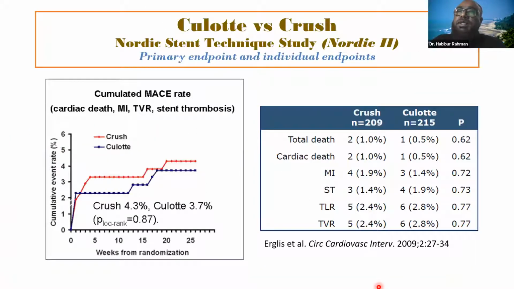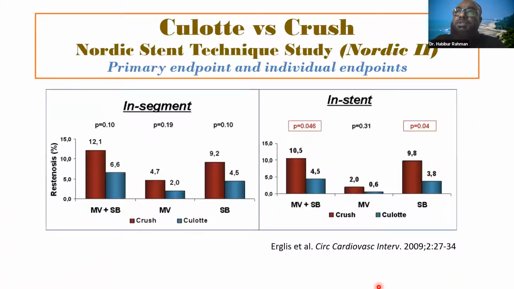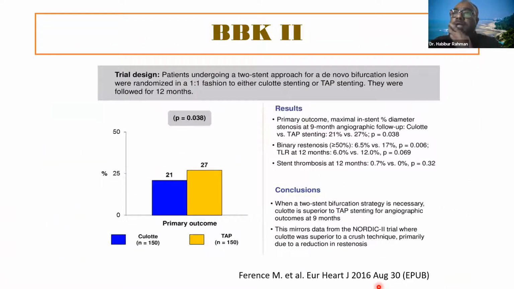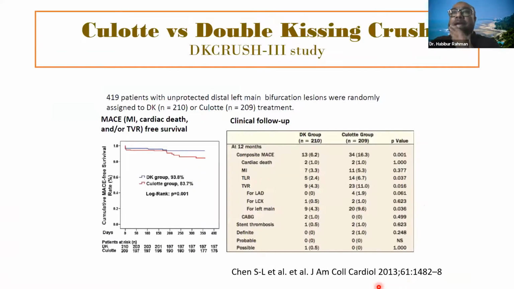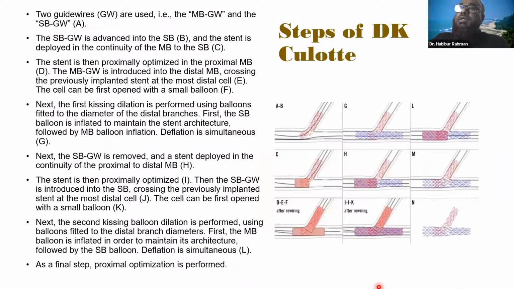So here are the results: culotte versus crush, and BBK 2 as I mentioned, and the DK crush study which showed DK crush superior to culotte. Another, to compare with the DK crush, another thought is coming, that is DK culotte. What is that? As I already mentioned, in culotte, final kissing is done.